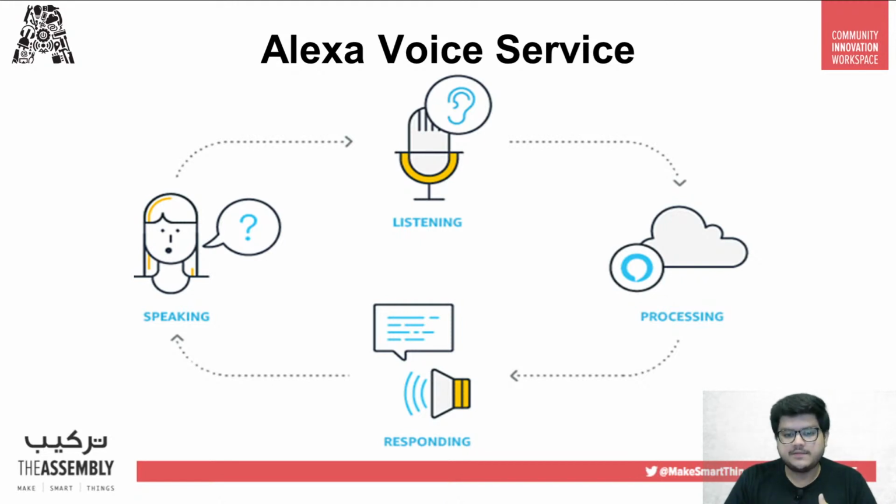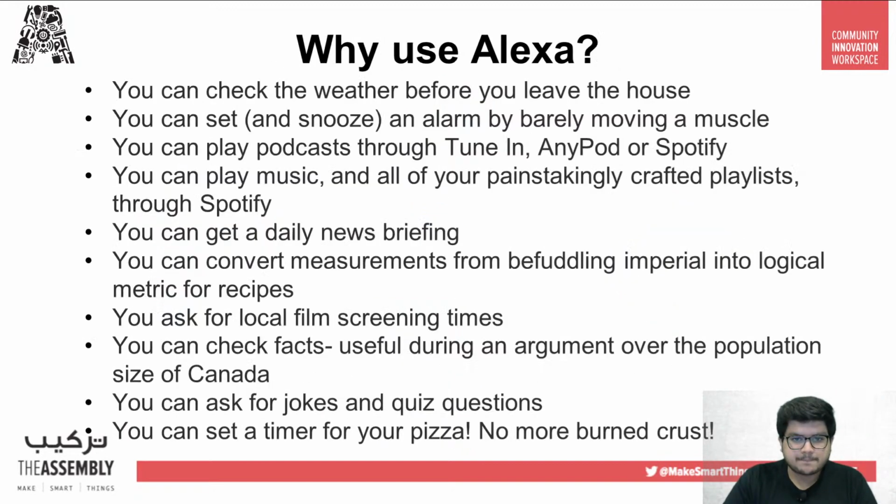So it gives auditory feedback based on what you have asked it to do. Now one thing to note is there is something called the Alexa Skills Kit, which you can use to create your custom skills. By default Alexa has some functionalities, but if you wanted to do something which is not already there, you can do that using the Alexa Skills Kit.